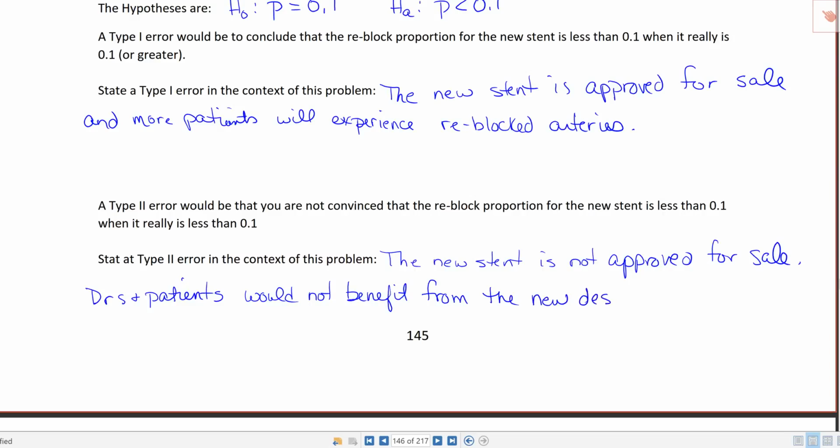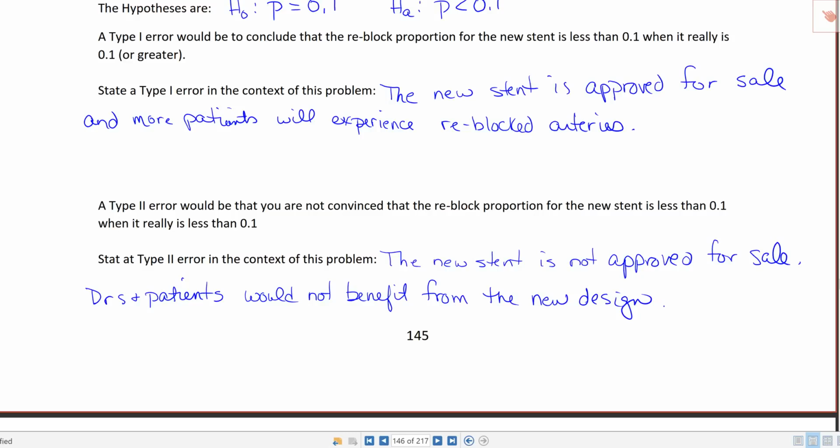And so when you make a decision like this, which is the more dire of the two errors, a type 1 error or a type 2 error? Well, in this case, I would probably say that the more dire is a type 1 error, because a type 2 error means that you're not getting the new stent, which might make it easier for doctors to put in. And if the patients recover just as well as with a different kind of stent, then you're missing out on that.